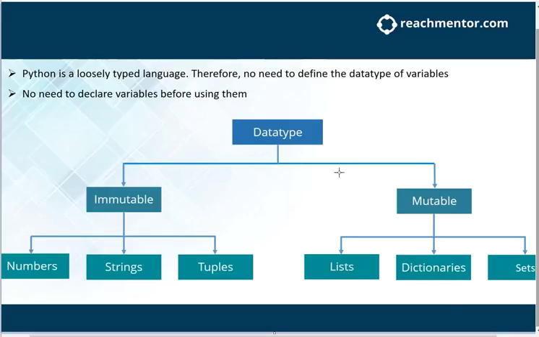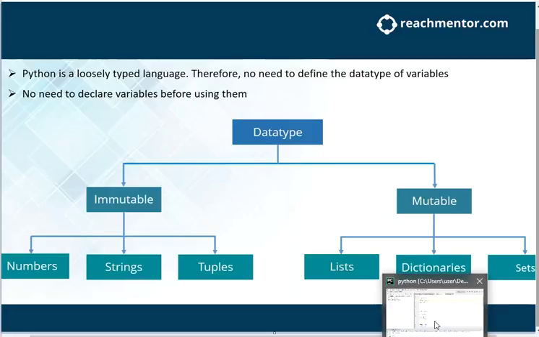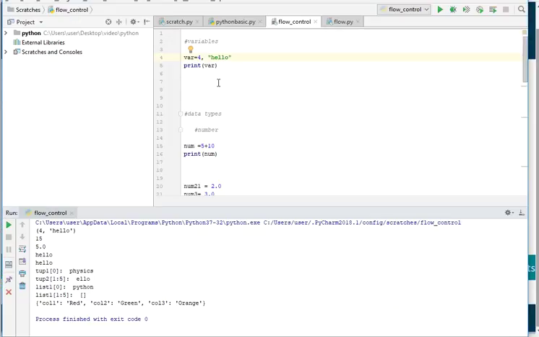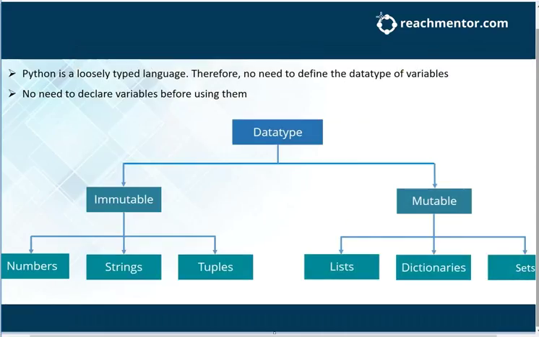But in Python, there is no need to declare here. No need to define a data type for a variable. You can see I directly stored here using the variable name var. And it is also one of the advantages of Python. In Python, there is no need to declare the variable before using it.